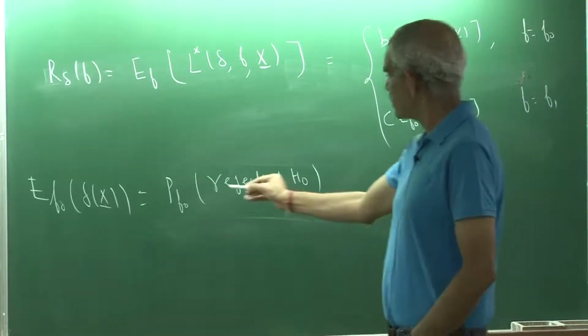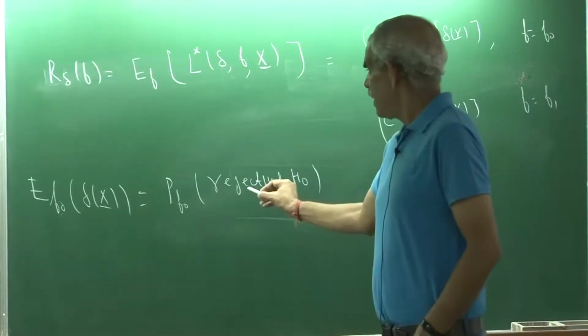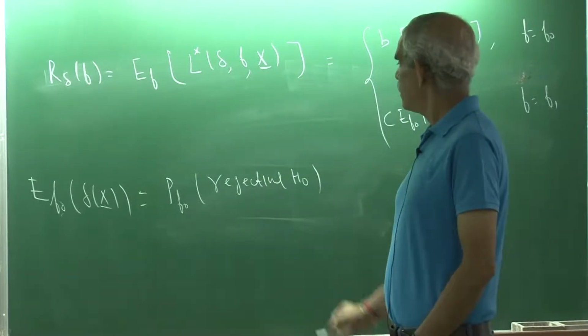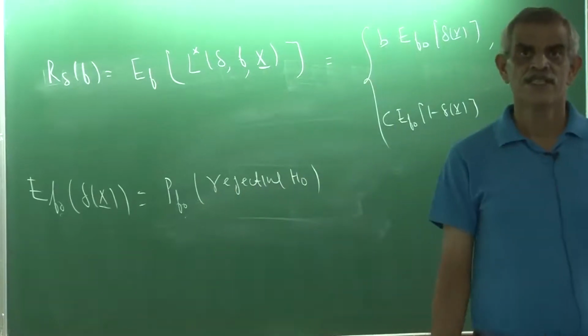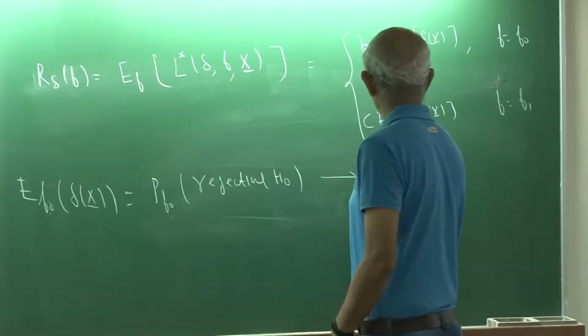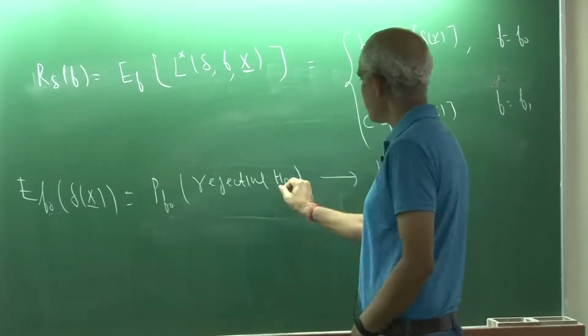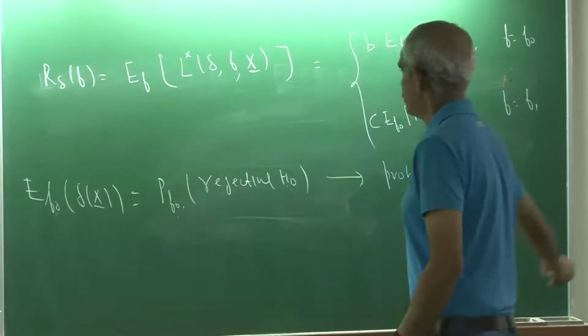So what does this say? E f0 delta x is nothing but the probability of rejecting H0 when H0 is true, and you call this the probability of type 1 error. Probability of rejecting H0 when f0 is true, that means H0 is the true value.